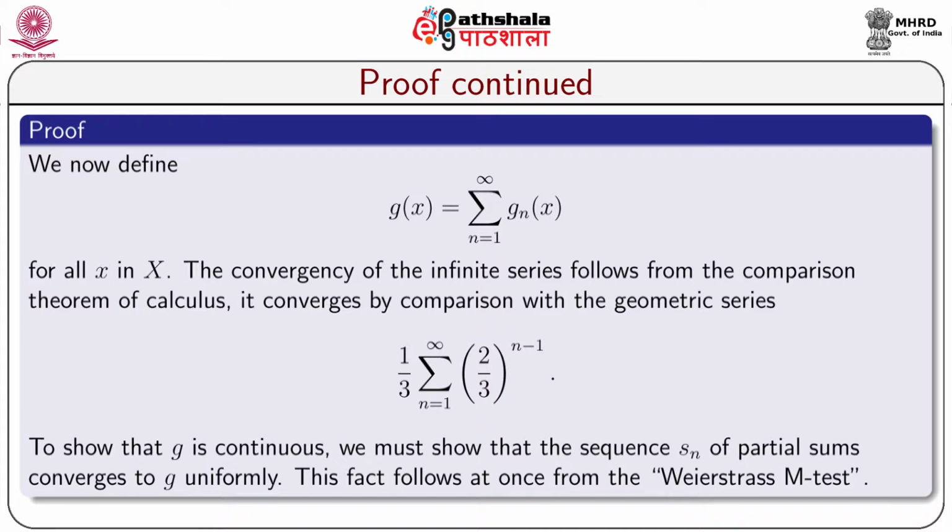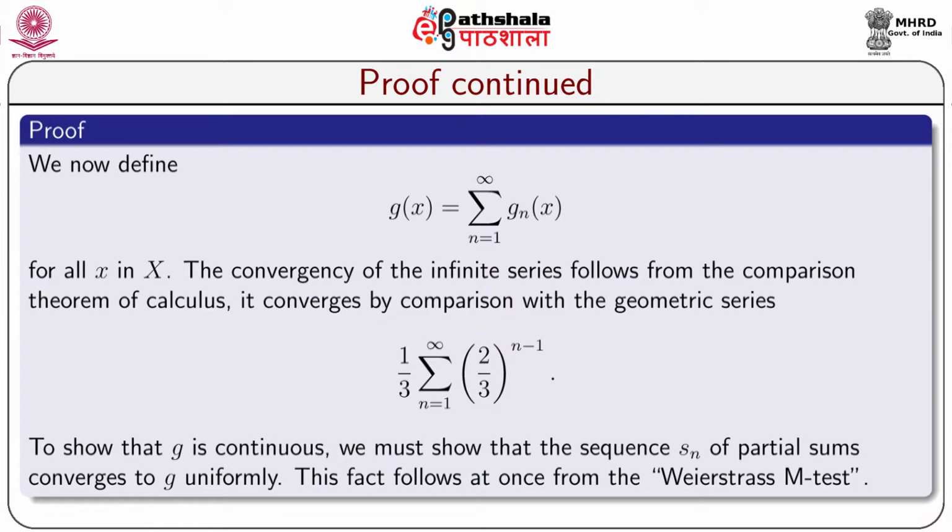Next, we define g(x) as the sum of gn(x) for all x in X. Now, to be well defined, we have to show that this sum converges, but this follows from the comparison theorem of calculus, because we know that the geometric series 1/3 summation of (2/3) to the power n minus 1, n equal to 1 to infinity, converges.